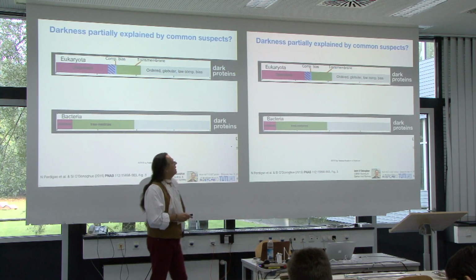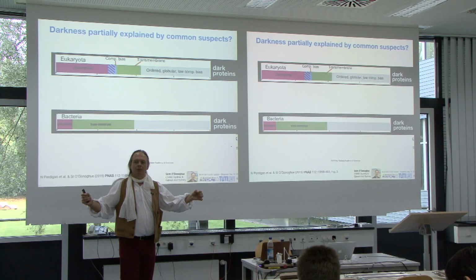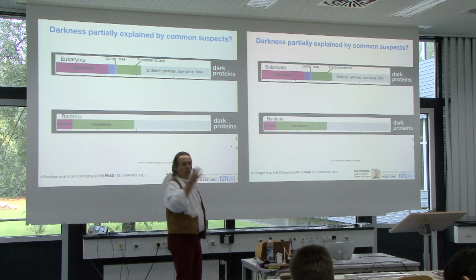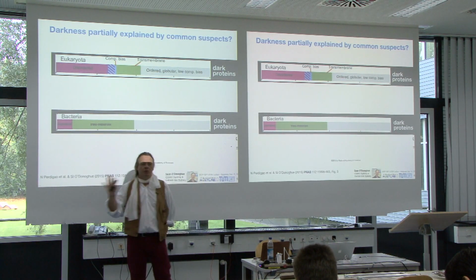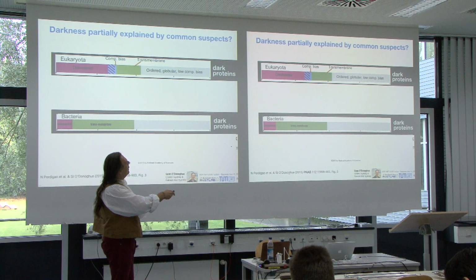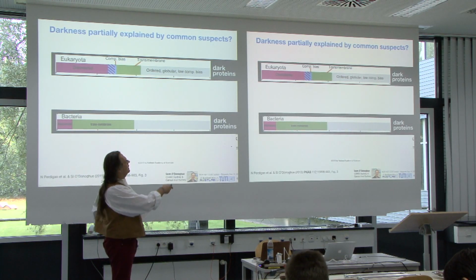And then when they look at dark proteins, and this is now, the entire protein is dark, and the percentages here are valid for SwissProt, so in that sense, it's a biased data set. All eukaryotes in SwissProt that are completely dark, so I have no knowledge about anything with respect to structure for that protein.